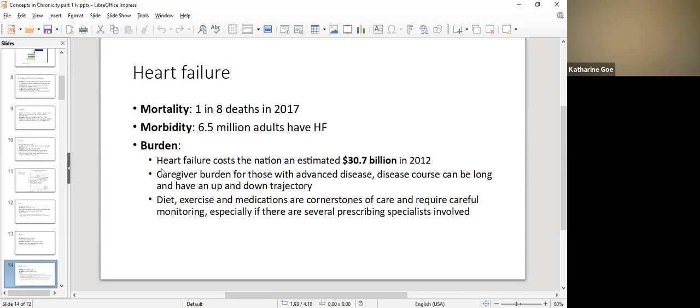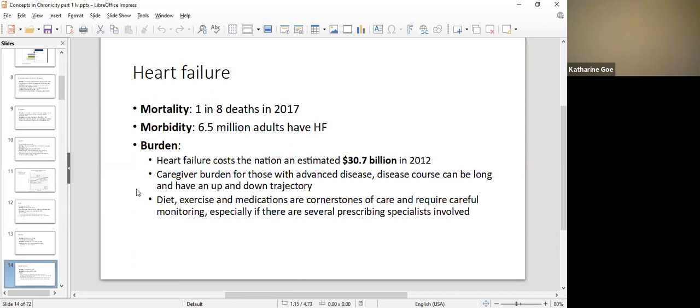Heart failure is another common chronic illness. 1 in 8 deaths in 2017 were from heart failure. Morbidity, about 6.5 million adults have heart failure. The burden is heart failure costs the nation about $31 billion in 2012. And the caregiver burden for those with advanced disease is significant.